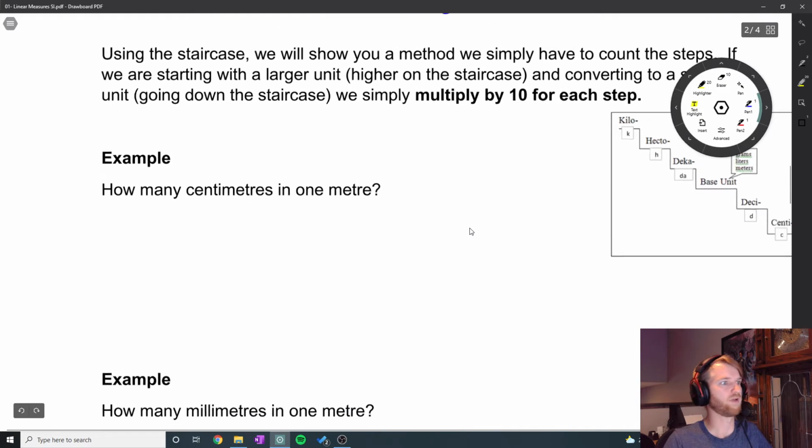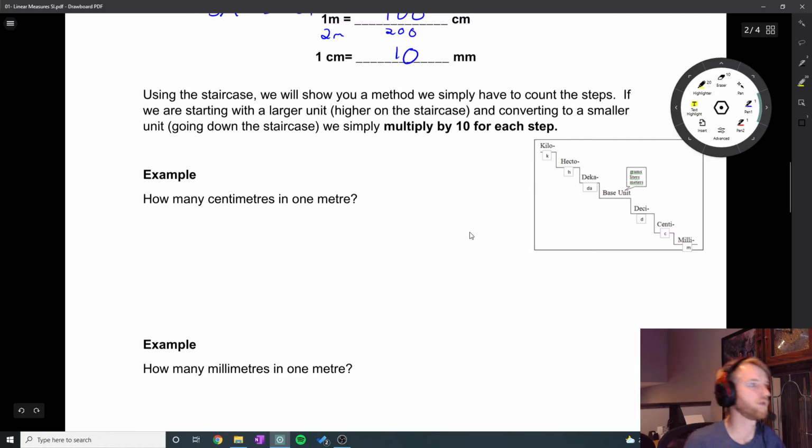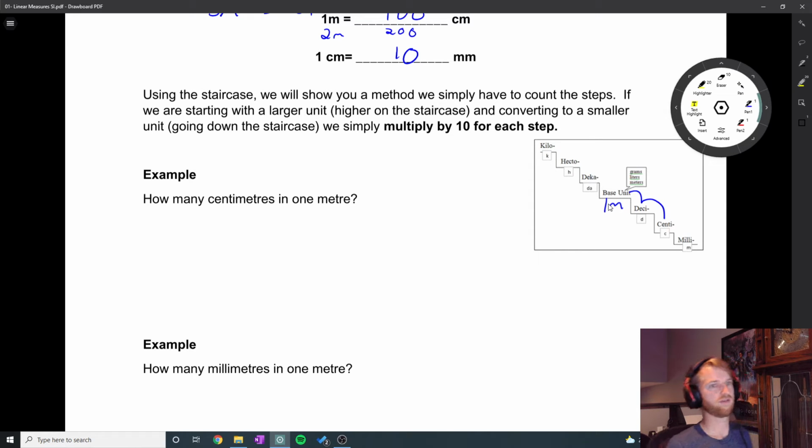All right, so now let's do a couple examples. Okay, how many centimeters in 1 meter? We essentially did this already. We've got our staircase here as a reference, but we are going from meters, that's our base unit, down to centimeters. So we have 1 meter and we're going down 2 steps. 1, 2. Each of these steps, our units are getting 10 times smaller, so we need 10 times more of them. Times 10 times 10.